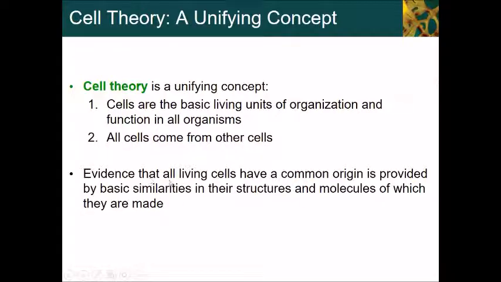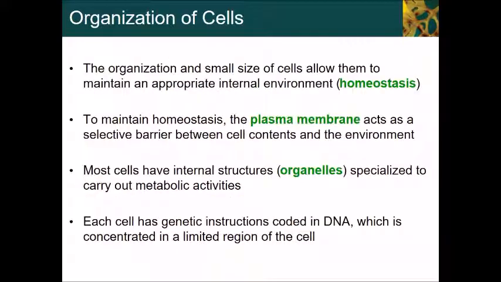The evidence that all living cells have a common origin is provided by basic similarities in their structure and the molecules of which they are made. So it tells you that cells actually come from other cells due to the similarities in their structure and the molecules that make up the cells.